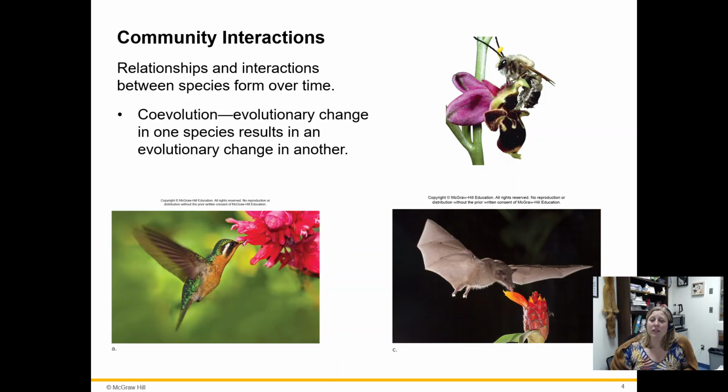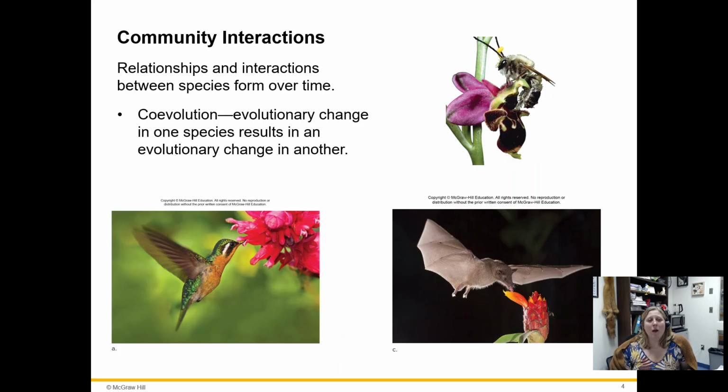It gets really extreme in some cases. So in the top corner here, I have an image of a wasp and a flower. That flower is a kind of orchid that mimics the female wasp. It smells like the female wasp. It looks like the female wasp. It sits at about the same height as the female wasp.